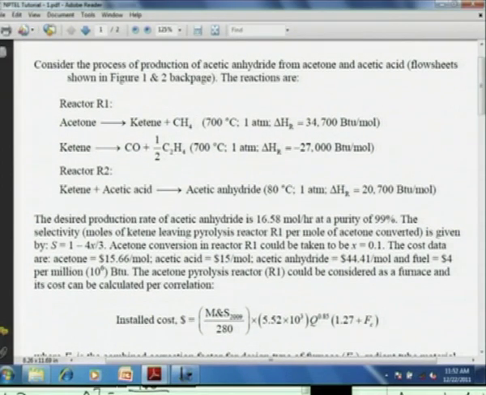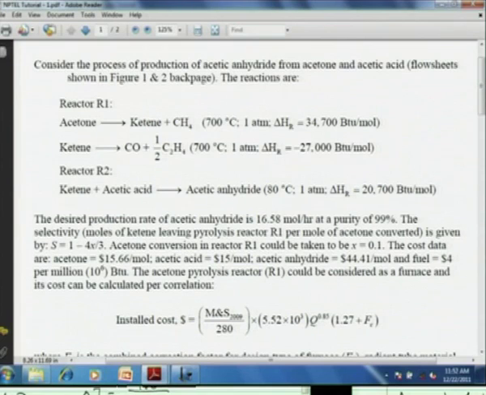This stream enters the second reactor in which acetic acid is added, and the acetic acid reacts with ketene to give acetic anhydride. The second reactor, however, operates at a much lower temperature of 80 degrees centigrade and atmospheric pressure, and here the heat of reaction is 20,700 BTU per mole.